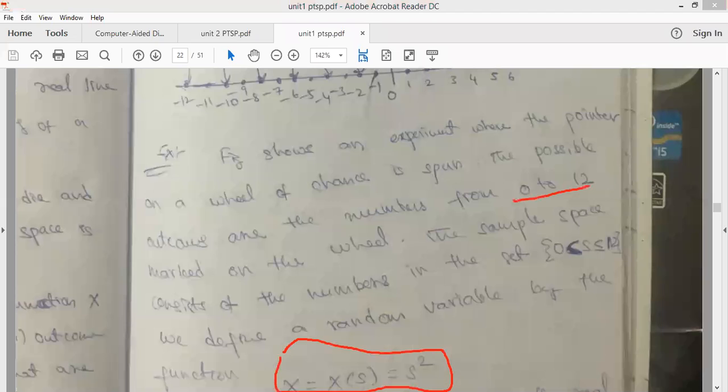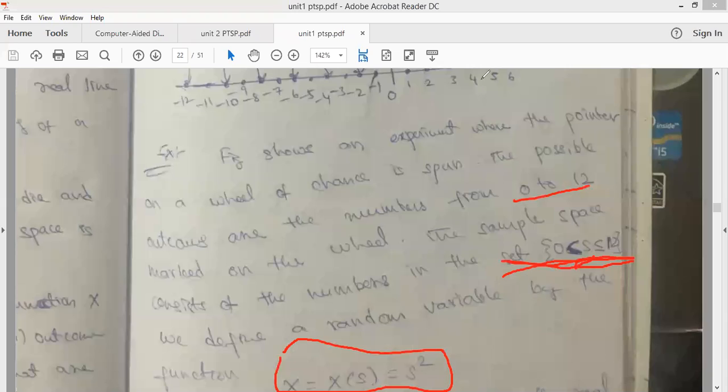Here we are representing the sample space using the rule based method, whereas in the previous case the sample space was represented using the tabular method, where every element of the sample space is displayed.